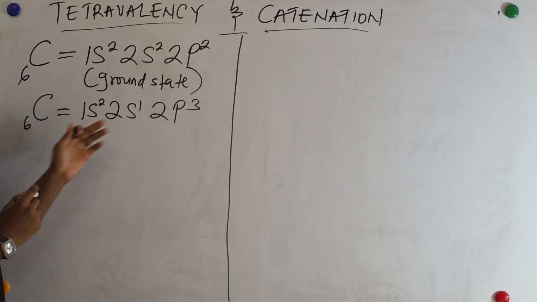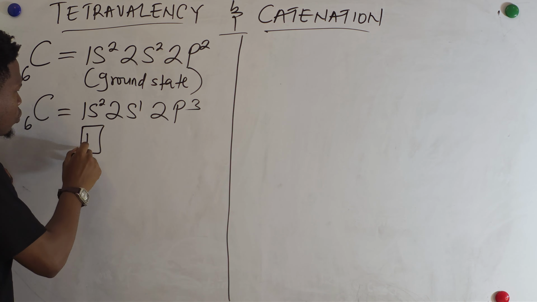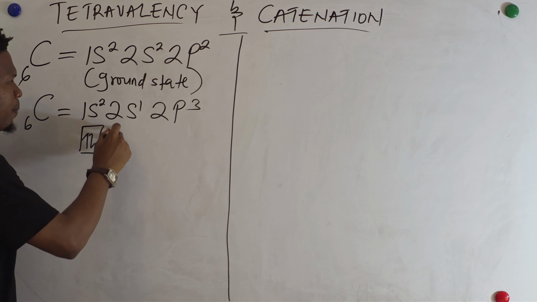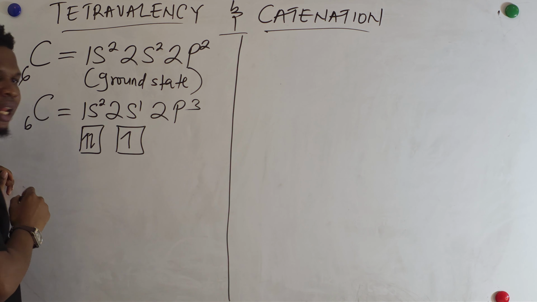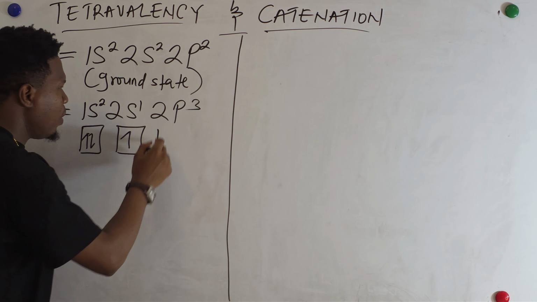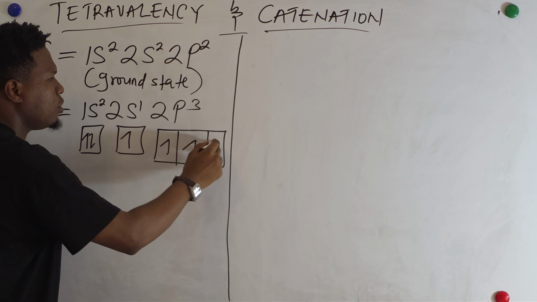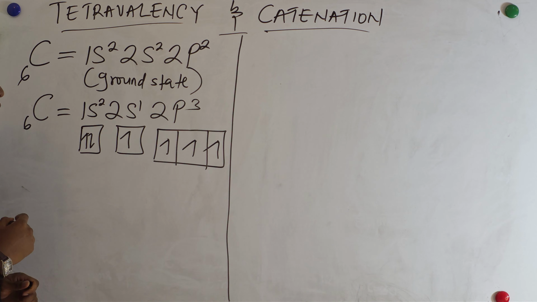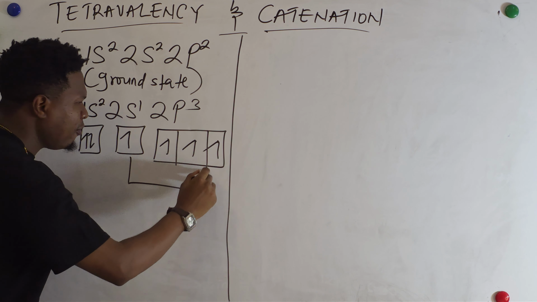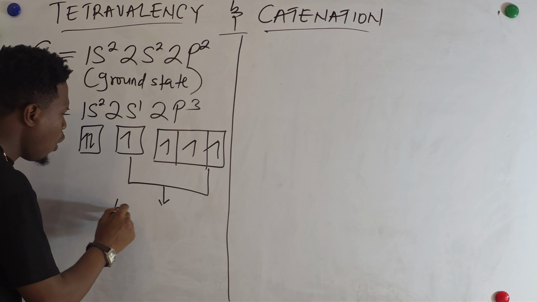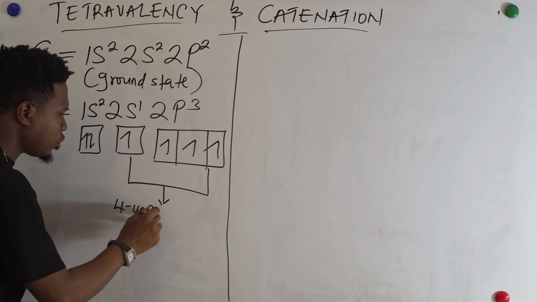So at this excited state, we have 2 electrons in the 1s2, 1 unpaired electron in the 2s, and 3 unpaired electrons in the 2p.